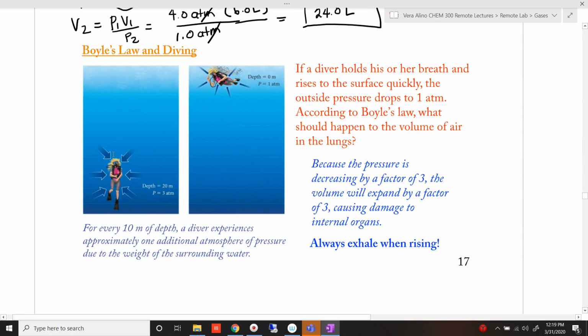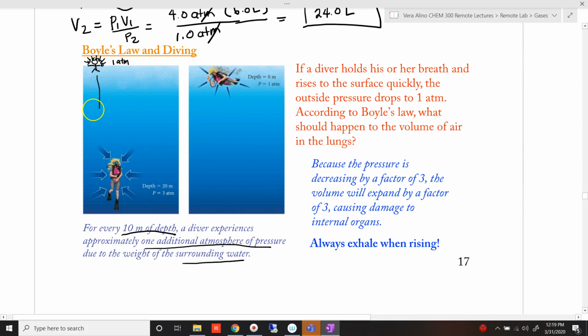Okay. So when you're on the surface, if this is you floating on the surface, the pressure you are experiencing is pretty much the pressure from the surrounding air, which is the atmosphere, and that is 1 atm. As you dive deeper, for every 10 meters of depth, you experience an additional 1 atmosphere of pressure, mainly because you're now surrounded with water, and water is also exerting some pressure.